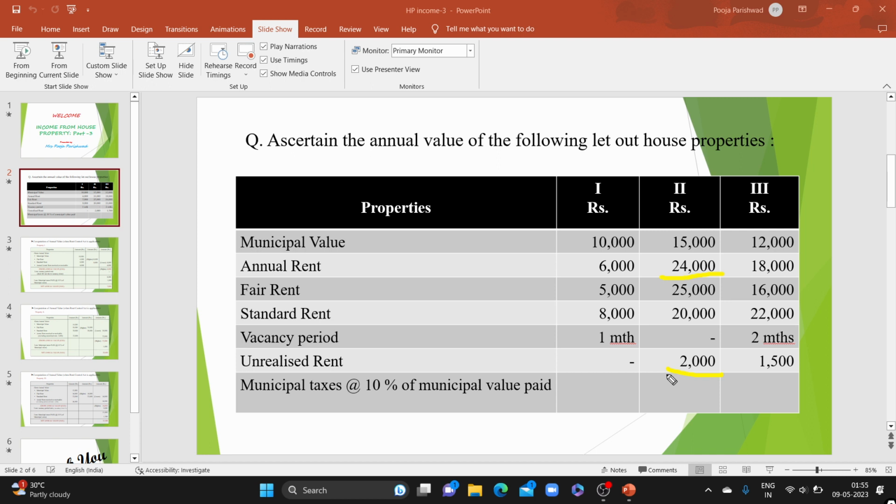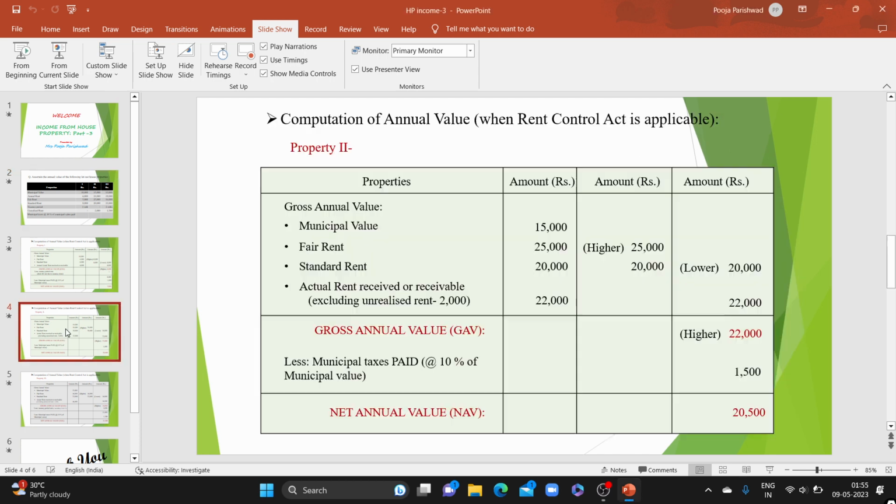That's why, after excluding unrealized rent from annual rent, the actual rent received or receivable is rupees 22,000, isn't it?